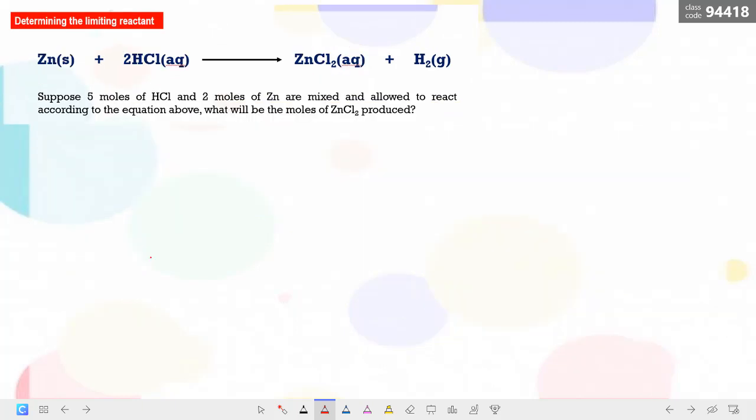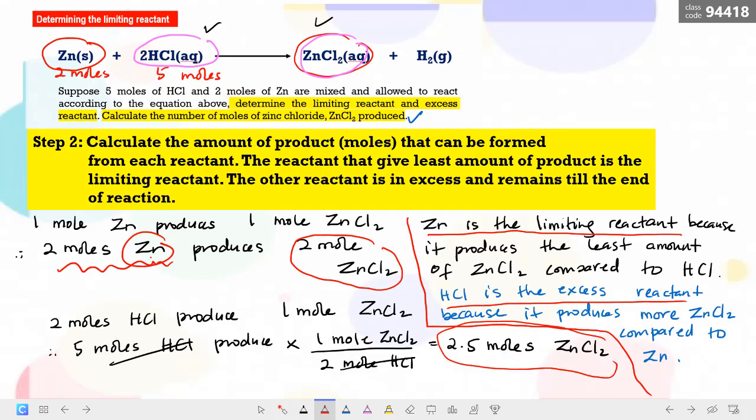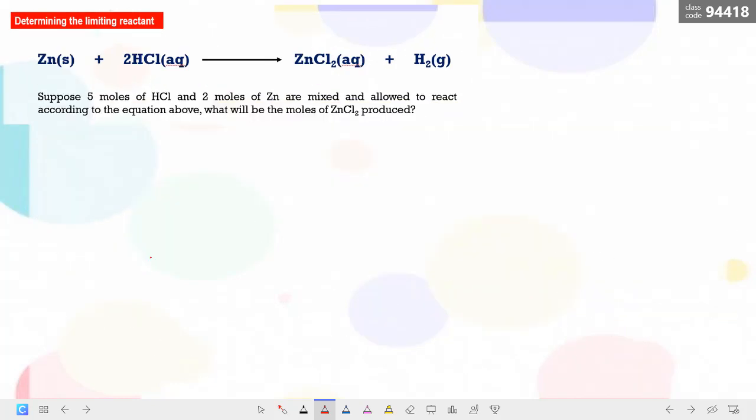Okay. So if you use the first method, cara pertama tadi yang saya ajar, compare reactant dengan reactant, caranya sama juga. Okay, we have to compare the number of moles of limiting reactant. We have to use the number of moles of limiting reactant to determine the product form.